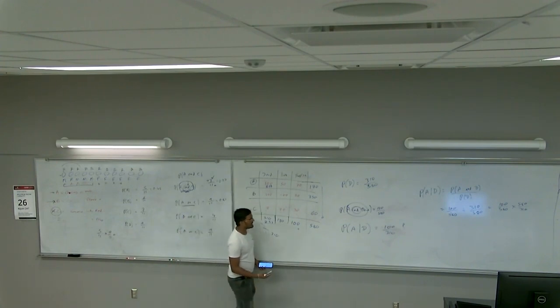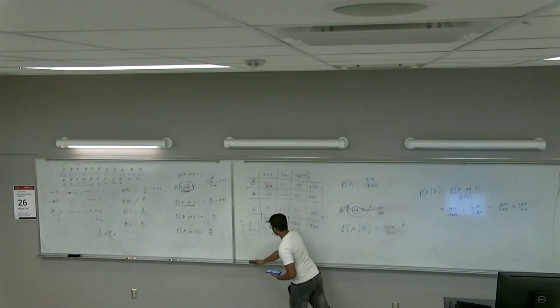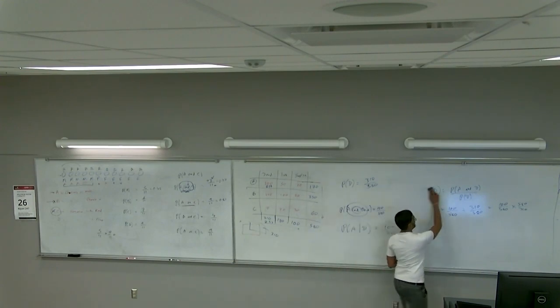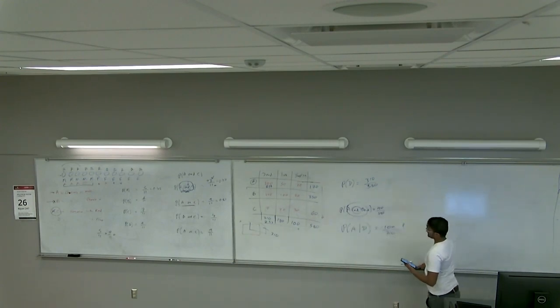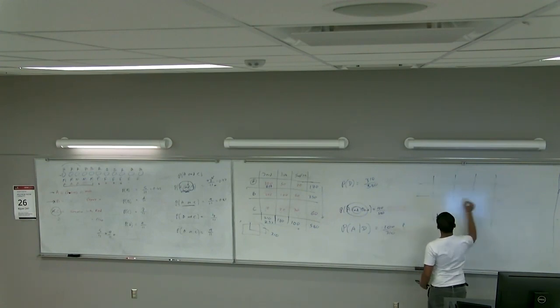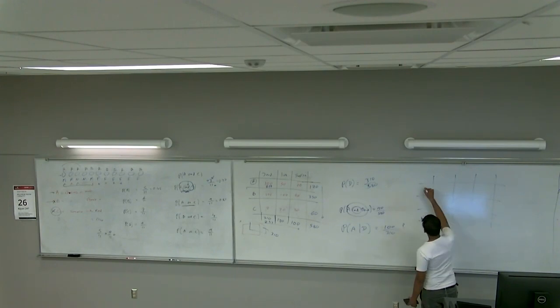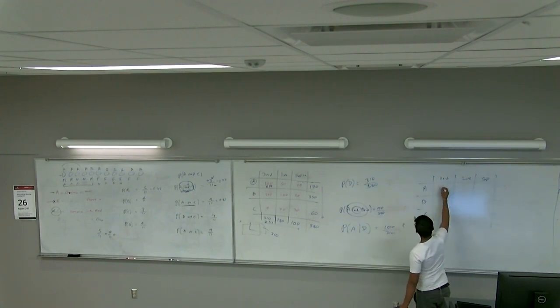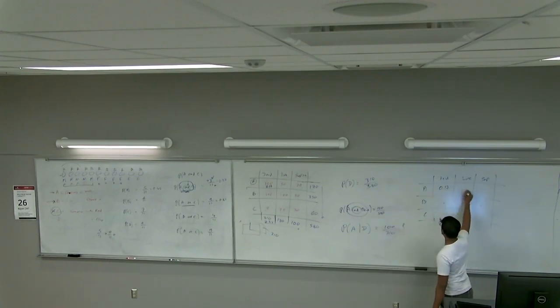In that case, what you will have is a table with the probabilities 0.17, 0.53. Likewise, we will have all the probabilities.